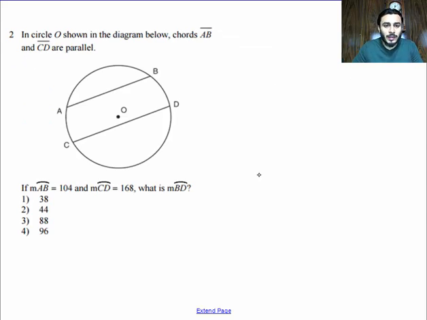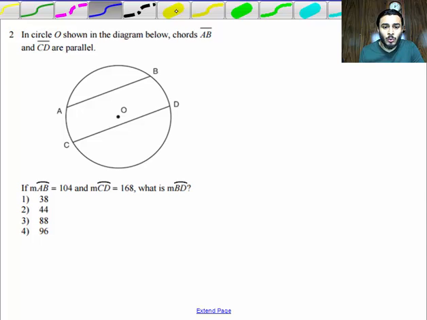Here's number two. It says in circle O shown in the diagram below, chords AB and CD are parallel. If the measure of arc AB is 104 and the measure of arc CD equals 168 degrees, what is the measure of arc BD?